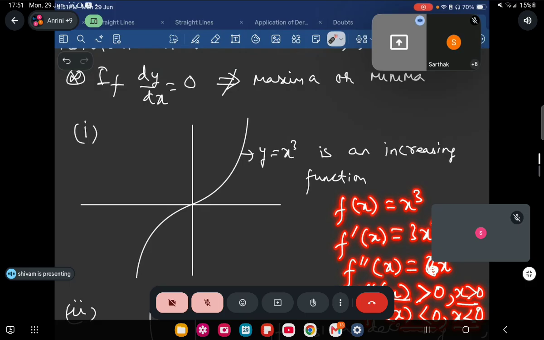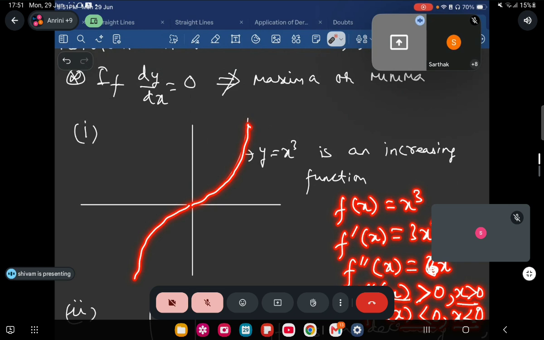So see, the concavity is changing, right? Before 0, the function is concave downwards. After 0, the function is concave upwards.